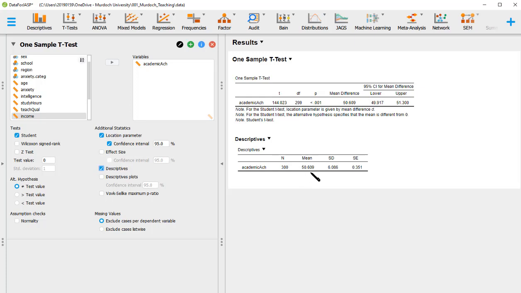Well, because it's the difference between this mean and the test value, which is 0. If we change the test value, then the mean difference will be different than the mean. Okay? So now we've got what we wanted. We've got the mean, which is the point estimate of the mean of the population, and we've got the confidence interval, so 49.917 to 51.300.